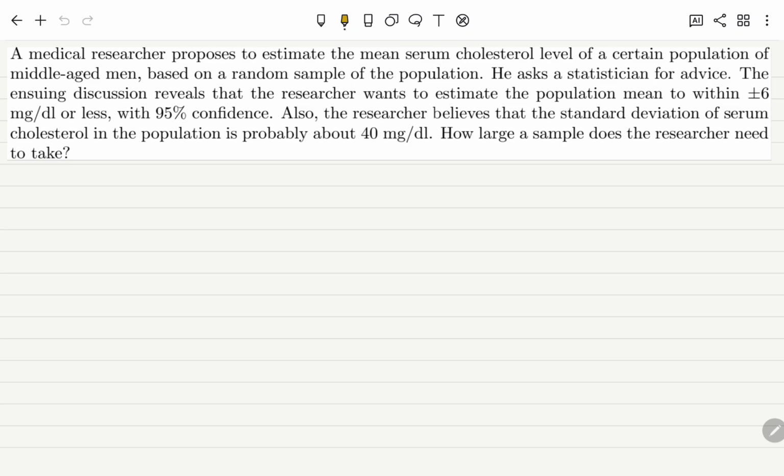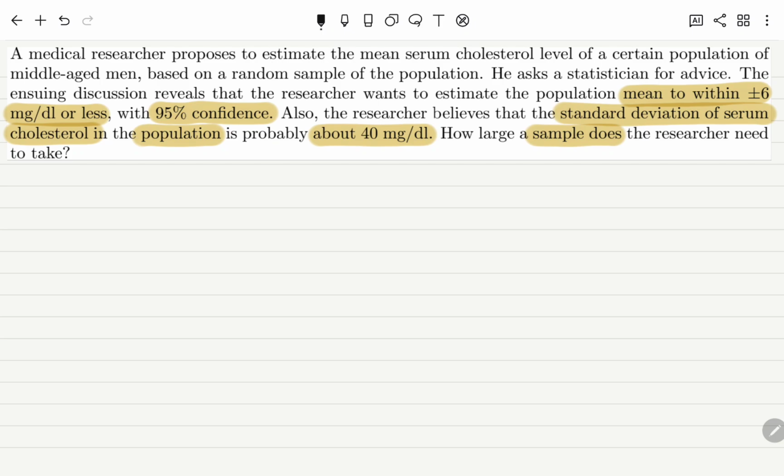So I can see here that the researcher wants to estimate the population mean to within plus or minus 6 milligrams or less, and he or she wants to be 95% confident, and the researcher estimates that the standard deviation of serum cholesterol in the population is about 40 milligrams. Now the question is asking, how large a sample does the researcher need to take? So the question is asking for us to calculate the sample size.